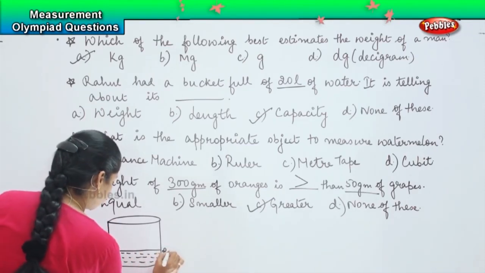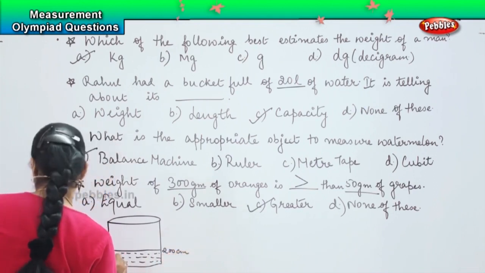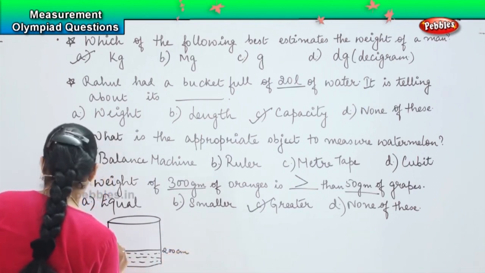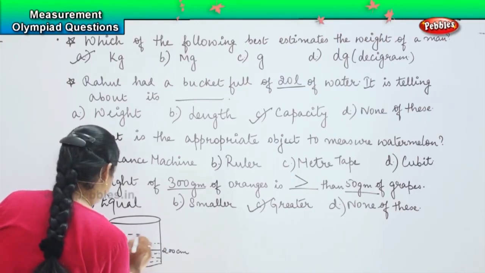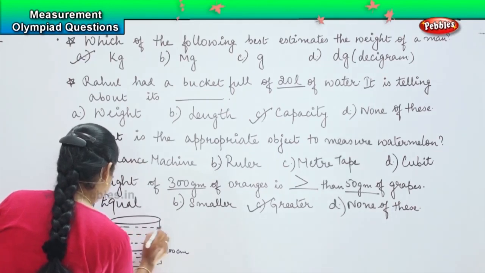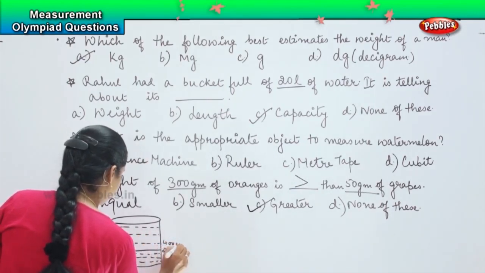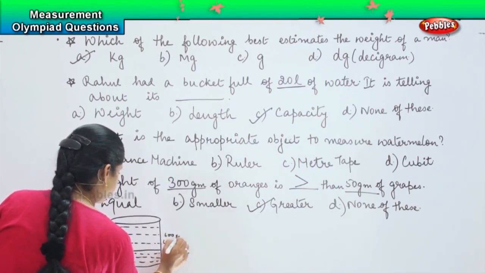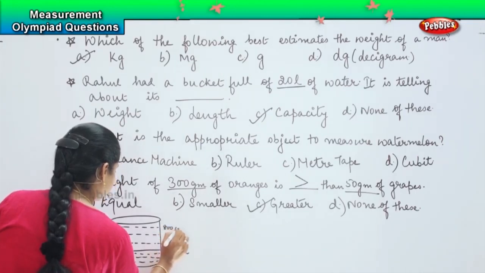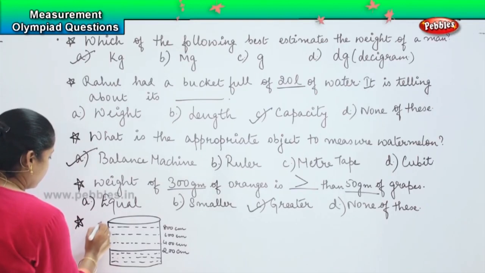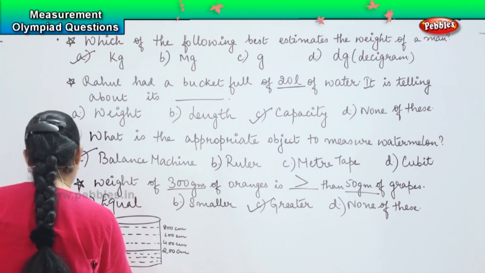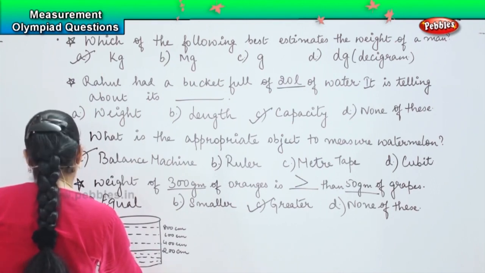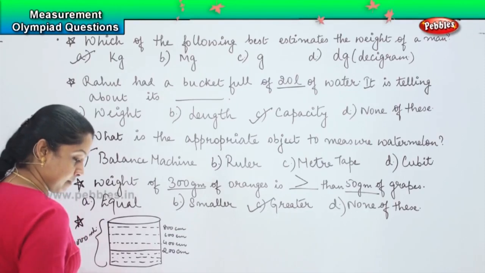And it holds 200 milliliter. The markings here are 400, 600, 800, and the total capacity is 1000 milliliter.